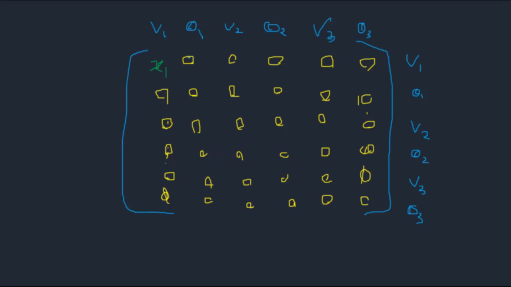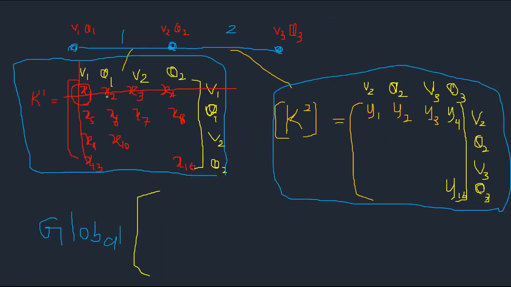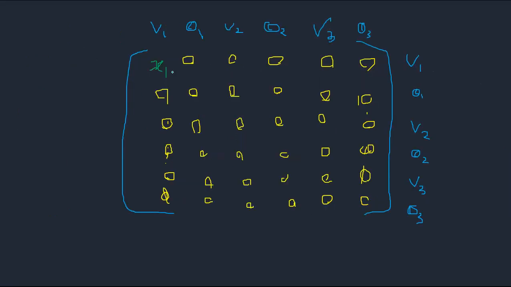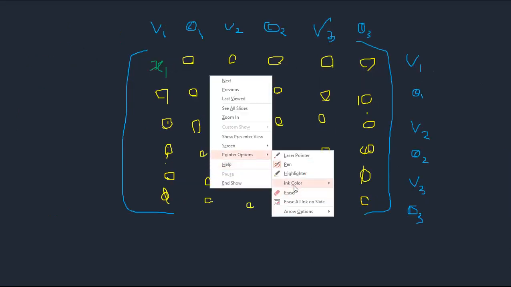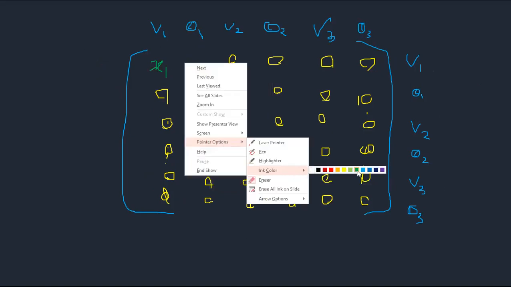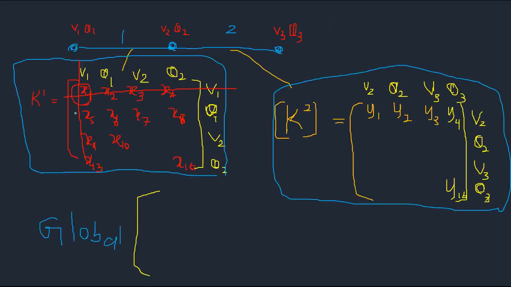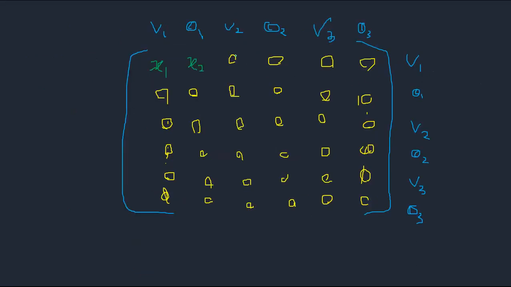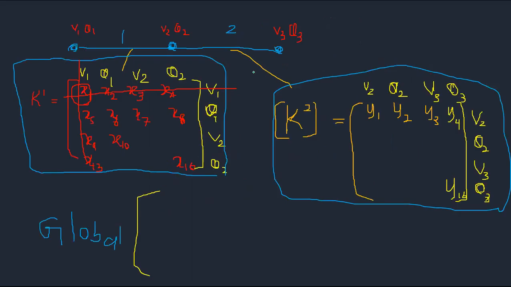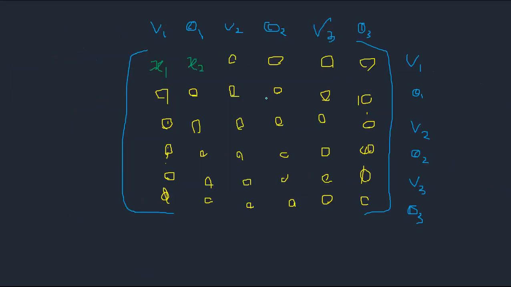This is v1 theta1. Again, v1 theta1 means here, x2, right? Then v1 v2, v1 theta2. Because v1 is not in there, we can without worries use this same element matrix, v1 v2, v1 theta2, x3 and x4, right?